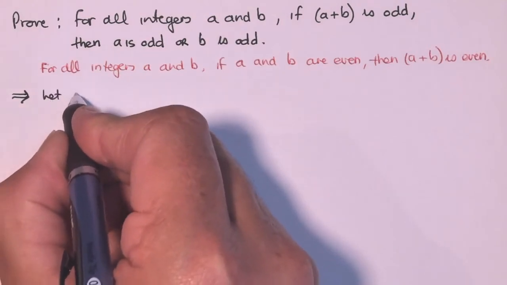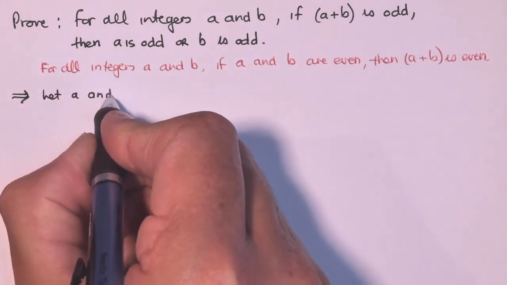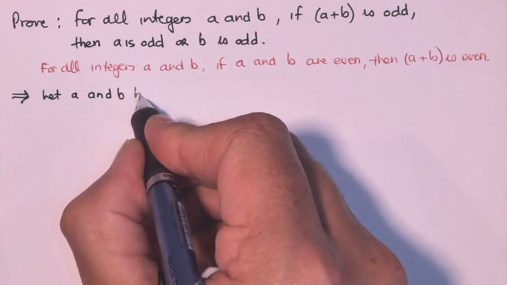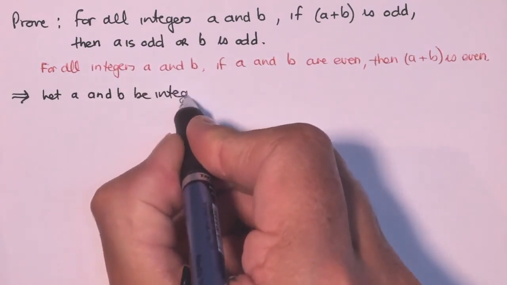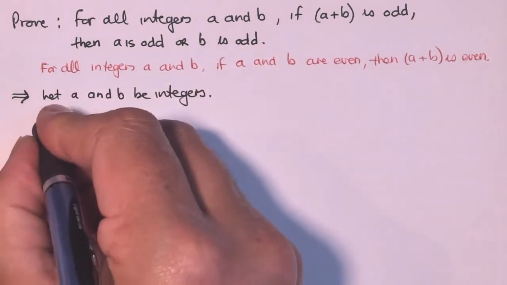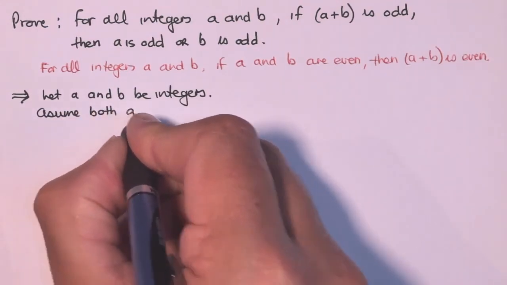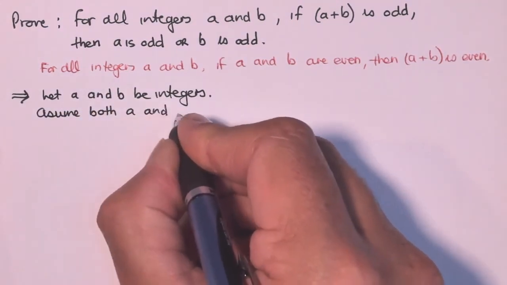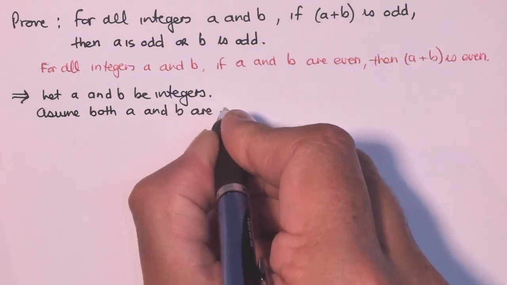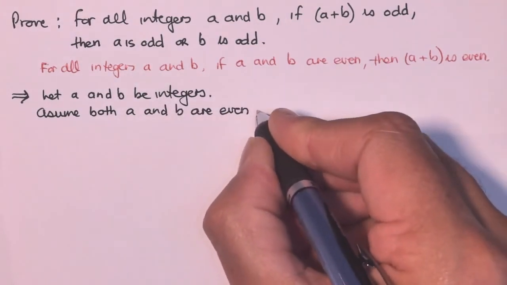So let a and b be integers. Okay, then we're going to assume both a and b are even numbers.